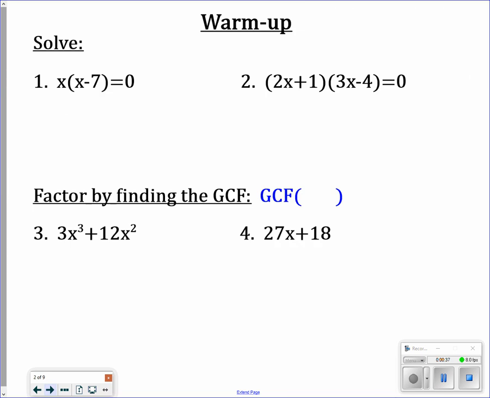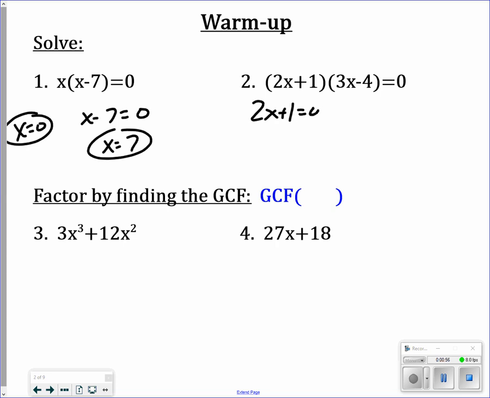So let's do a little bit of a warm up. If it's already in factored form, how do we solve? We set the factors equal to 0, so x being a factor out in front, and x minus 7 being a factor. We set the factors equal to 0 and solve.